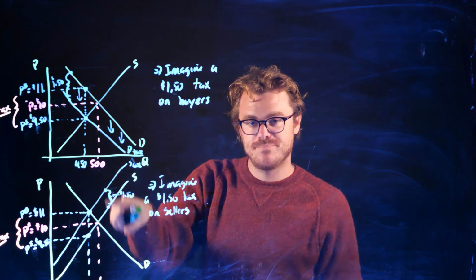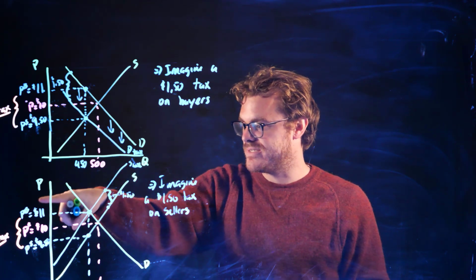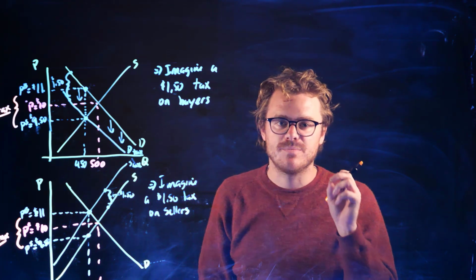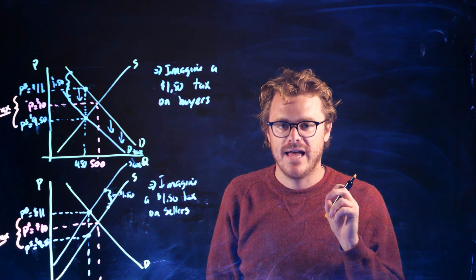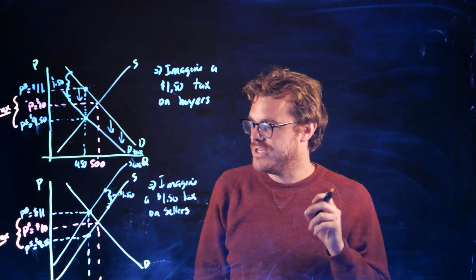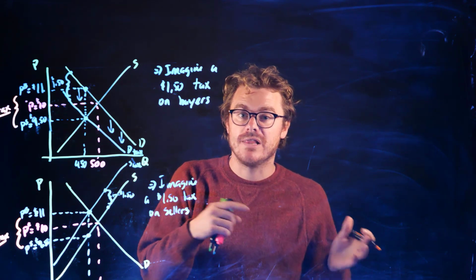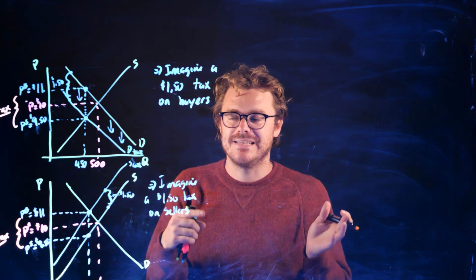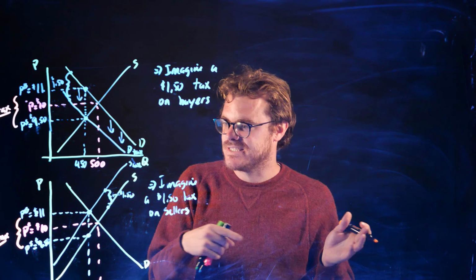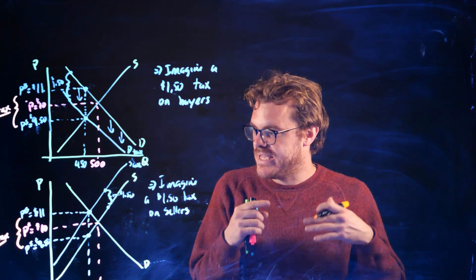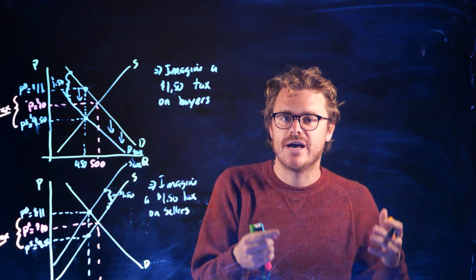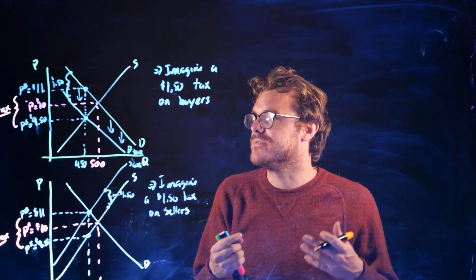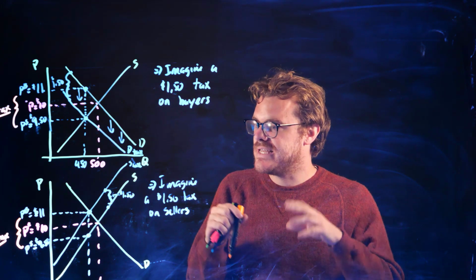Because what determines PB and PS is actually going to be about elasticity. Whoever has relatively more elastic or less elastic supply and demand curves is going to determine who has to pay more of the tax, or all of the tax. So let's take a look at that.